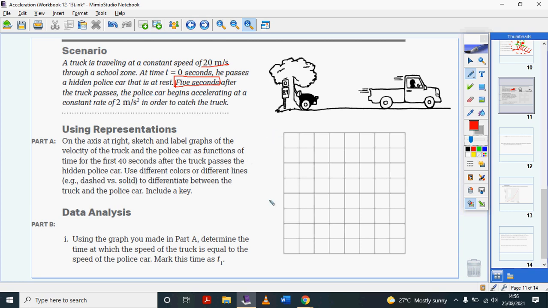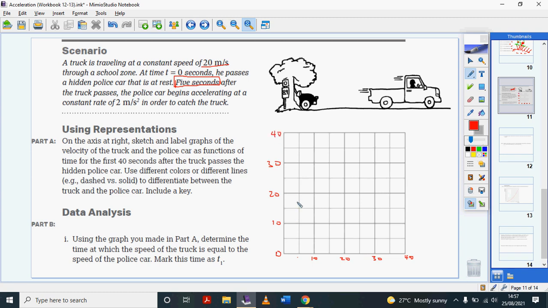When they ask us to draw the graph, because it says sketch a graph that labels the graphs of velocity of the truck, I have 0 seconds, 10 seconds, 20 seconds, 30 seconds, 40 seconds, and I can have 10, 20, 30, and 40 for meters per second.